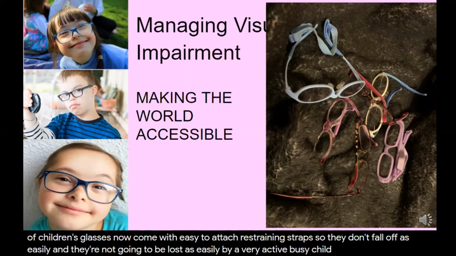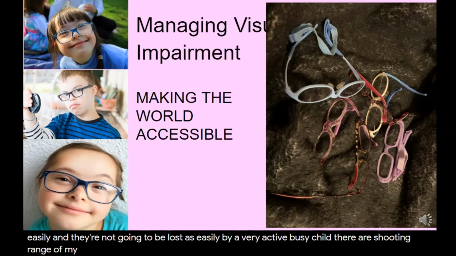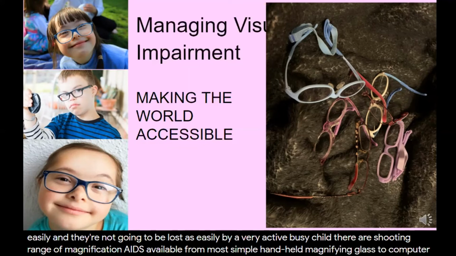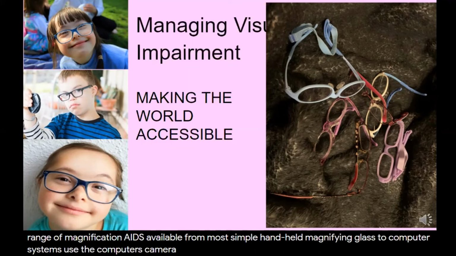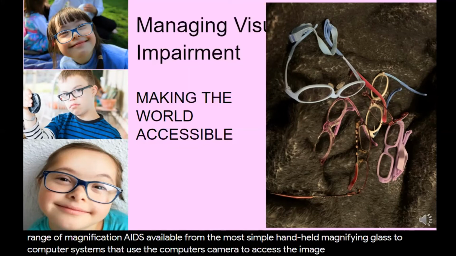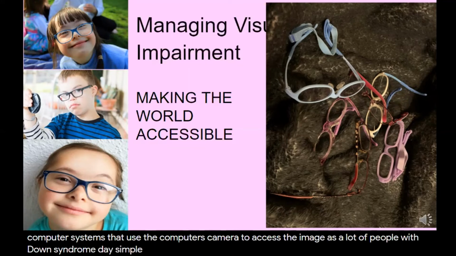Now, there is a huge range of magnification aids available, from the most simple handheld magnifying glass to computer systems which use the computer's camera to access the image. For a person who has difficulty with memory, as a lot of people with Down syndrome do, simple systems often are the most usable.